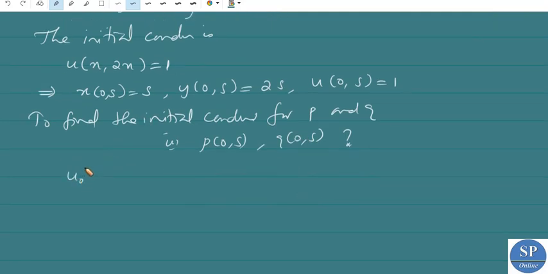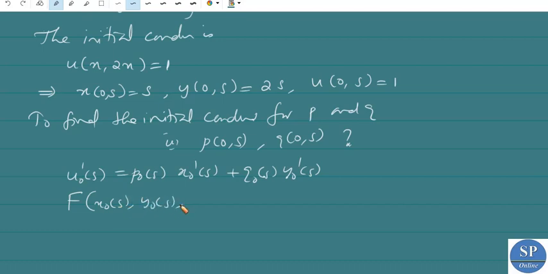The first equation is u naught dash of s equal to p naught of s into x naught dash of s plus q naught of s into y naught dash of s. And the second equation is f of x naught of s, y naught of s, u naught of s, p naught of s, q naught of s equal to 0.